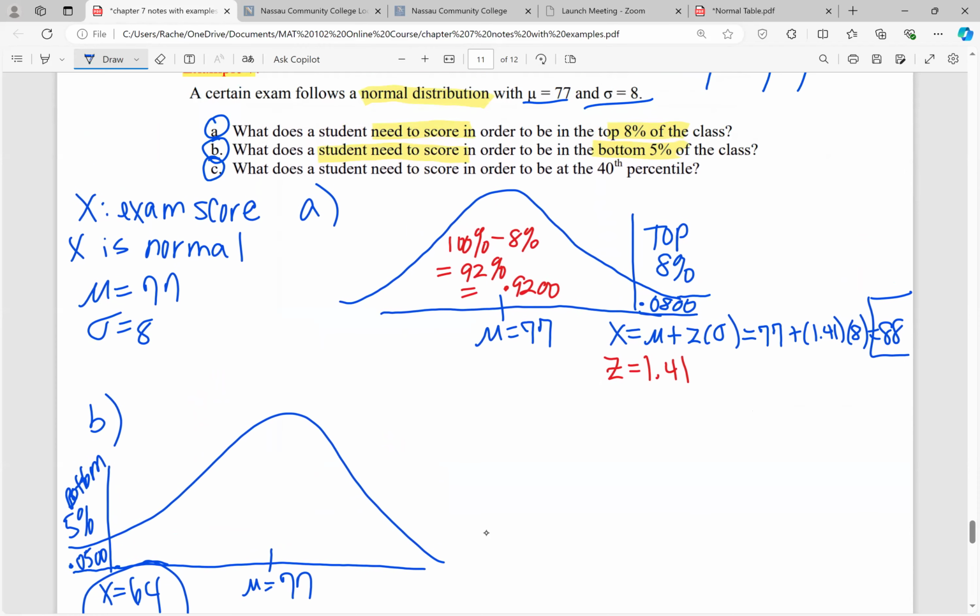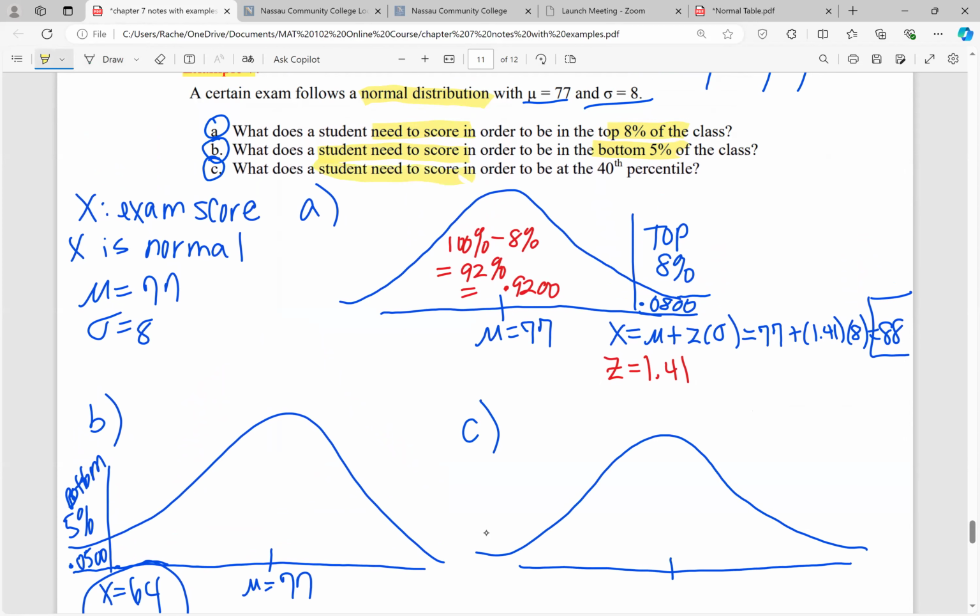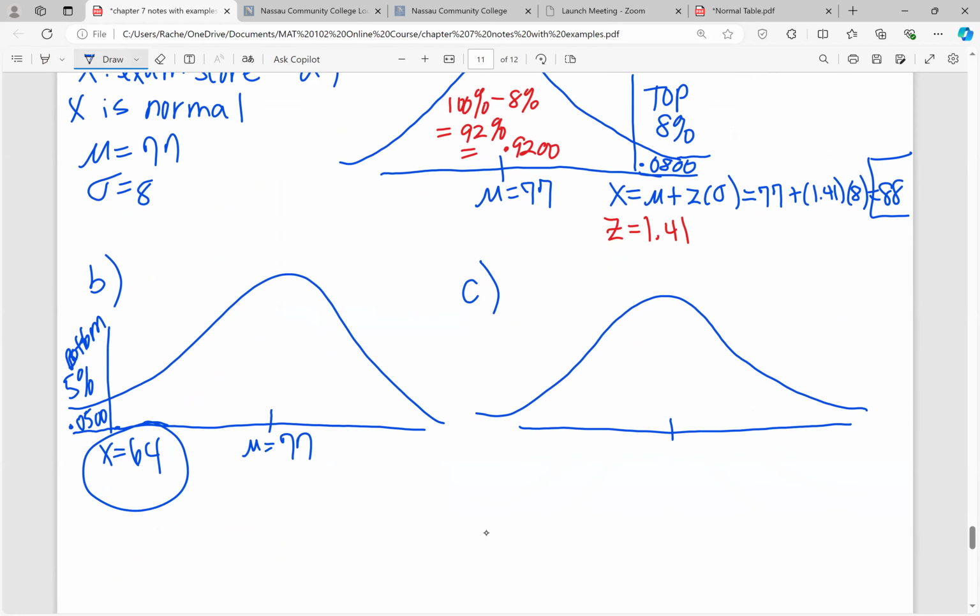And now we'll look at part C. So part C says, what does a student need to score? So again, we're trying to find a raw score to be at the 40th percentile. So let's mark where the 40th percentile is. So the 50th percentile, or the mean, is in the middle, right?